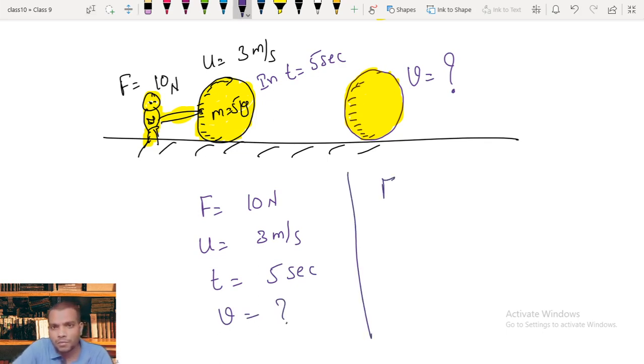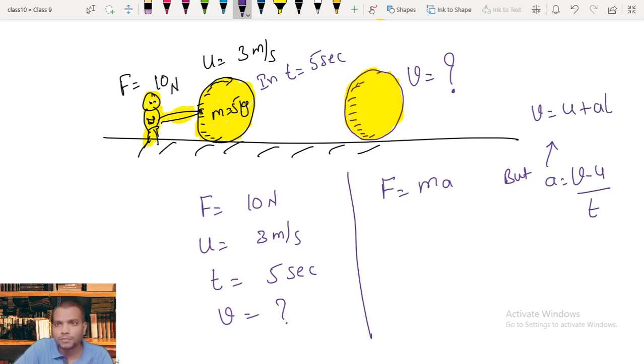We will use the same formula F equals ma, but a equals v minus u upon t. We already get this from the first equation of motion, v equals u plus at. So from that we got a equals v minus u upon t. If you substitute that here, m times v minus u upon t.